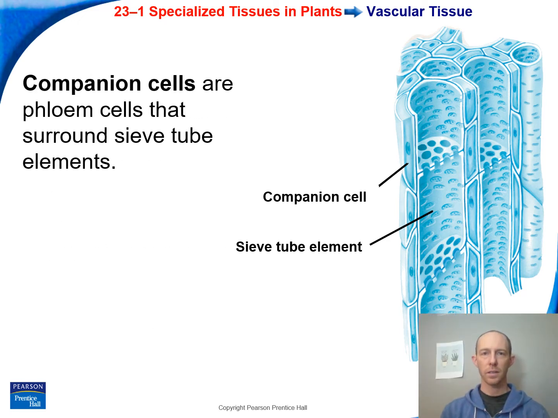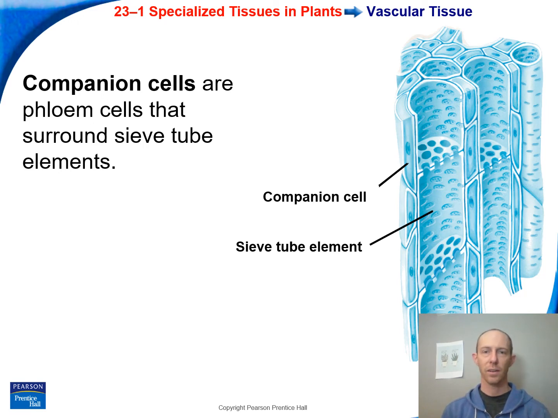Okay, so the other cell type found in phloem are companion cells. Companions are friends. Companion cells, in the case of phloem, don't do any of the transporting themselves. All they do is help how stuff moves in the sieve tube elements. Actually, we don't have a firm grasp on how that operates yet. People would like to know. Later we'll talk in some detail in chapter 23, section 5 about exactly how water moves through the xylem.